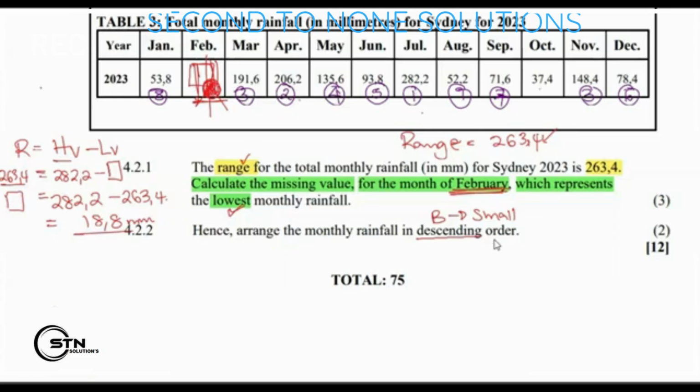1, 2, 3, 4, 5, 6, 7, 8, 9. We messed up. Oh, we have two threes. Sorry, this is supposed to be 4.